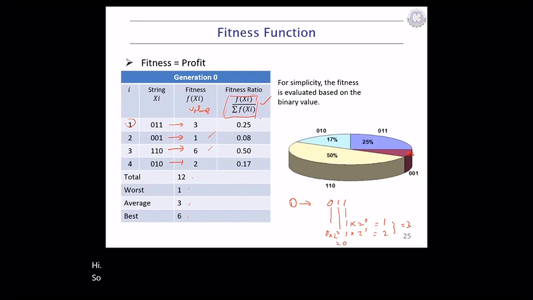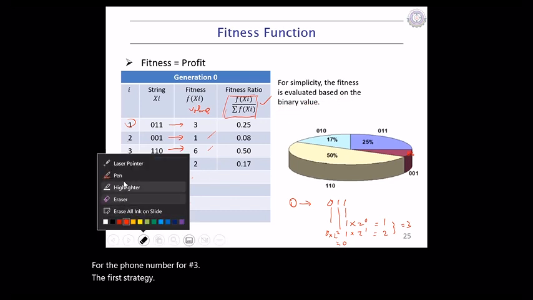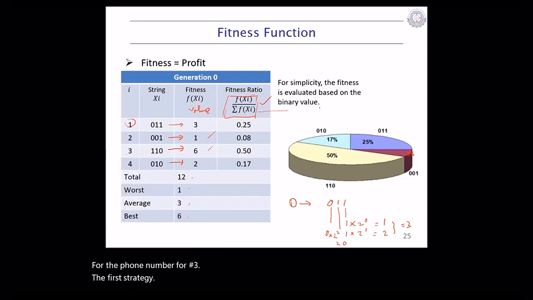So for number 3, the first strategy, F3, this is the value 3 divided by sigma, the summation, this one, right?